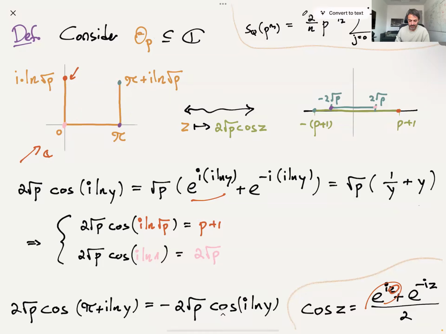In the middle part, everything is real. When you plug something between 0 and pi in cosine, you get something between 1 and minus 1. So that's where you get the square root of p and the minus square root of p. As you go here, you go here.